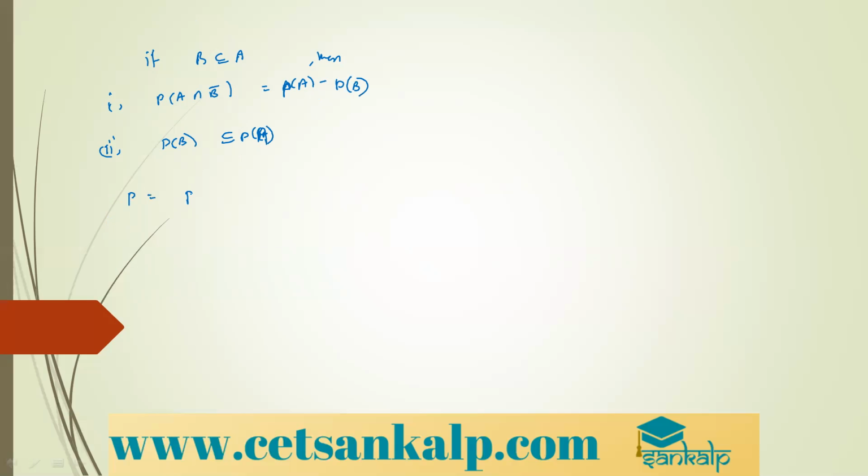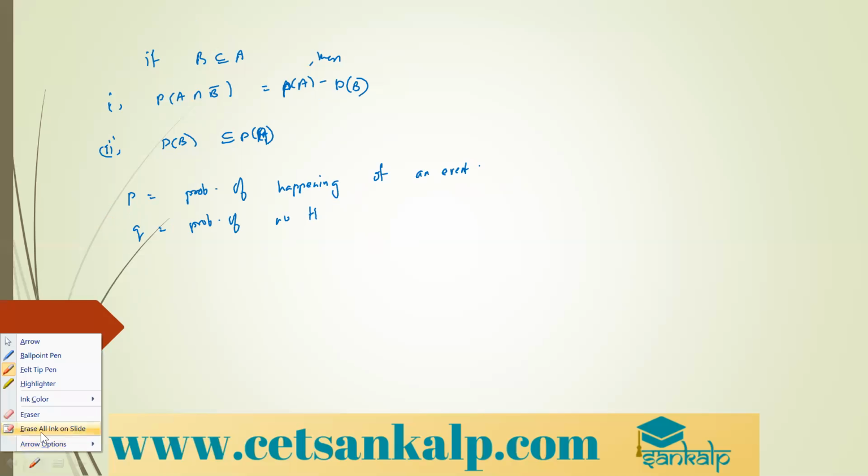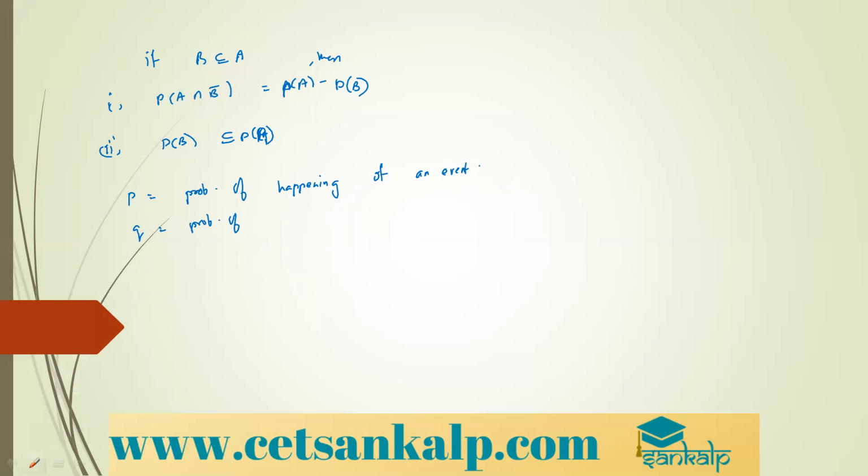Next, if P is probability of happening of an event and Q is probability of not happening of the same event, then I can say P plus Q equal to 1 and P is between 0 and 1.